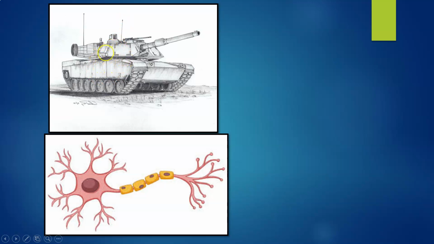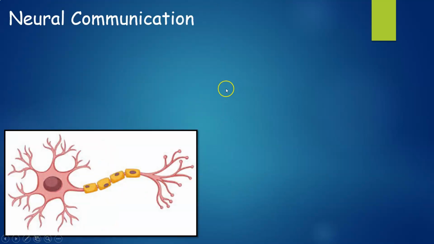The soldiers receive that information and then they fire, according to the information they have received, right? Well, a neuron, in several ways, is similar to a tank. It has something similar to an antenna to receive information. After it receives that information, it goes into the body, and then it fires off information. So let's go ahead and talk about the parts of a neuron.